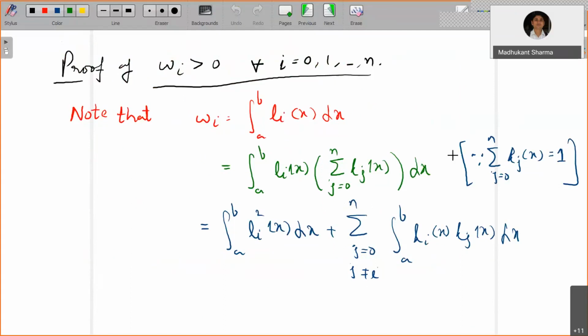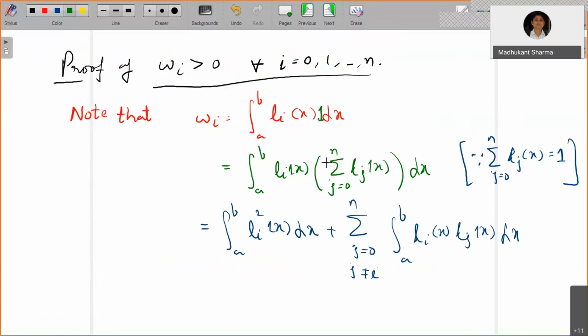Now you must have seen in your tutorial sheet there was one problem that if you sum up all the cardinal functions, the sum will be equal to 1. So I can write li of x as li of x into 1, and I can replace this 1 by the following sum, summation j equals 0 to n lj of x.